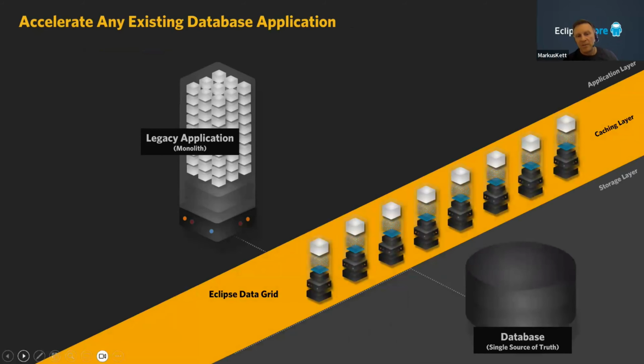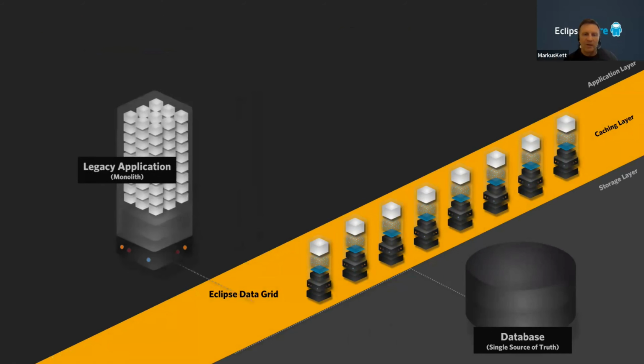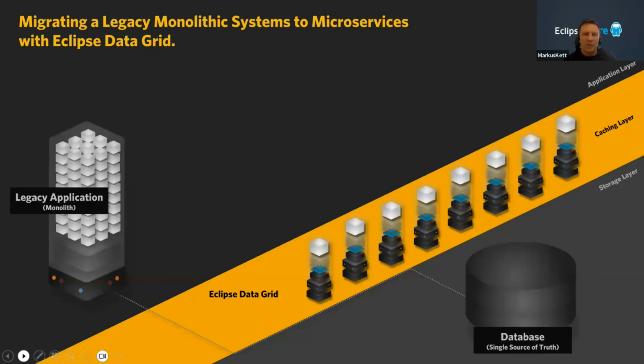And using Eclipse Data Grid is perfect for this use case. So you can run it in between your legacy application and your existing database, for instance, and then you can migrate service by service.